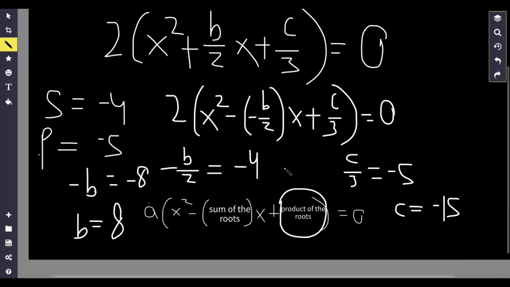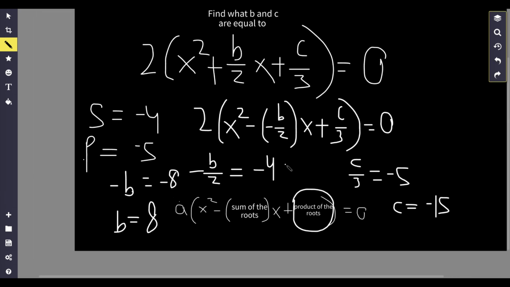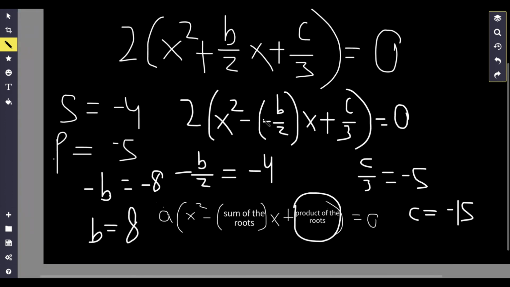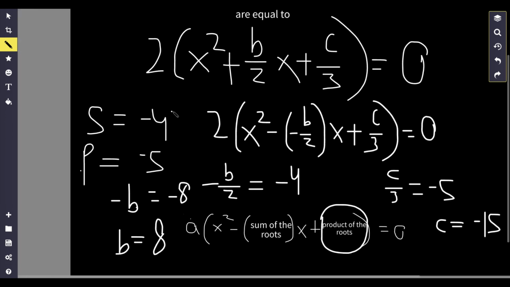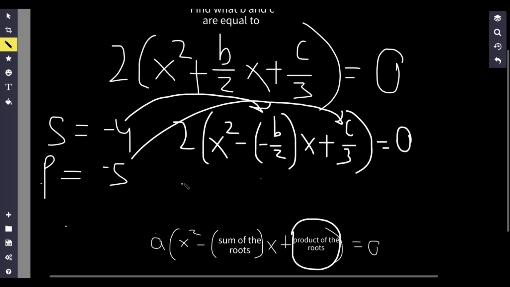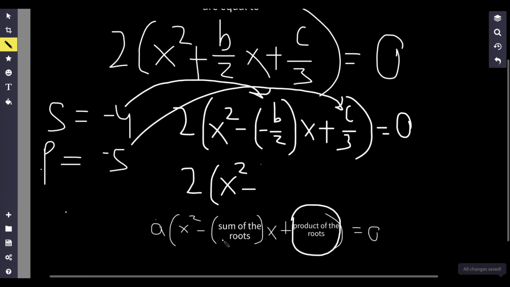And there we go. If we wanted to find out the equation of this quadratic equation, all we have to do is plug in everything we know. So we have 2 times x squared minus the sum of the roots. We know the sum of the roots is negative 4. So minus the sum of the roots, x, plus the product of the roots, we know that's negative 5.